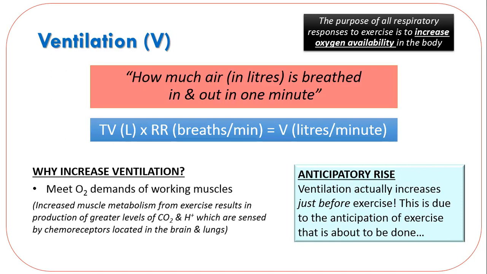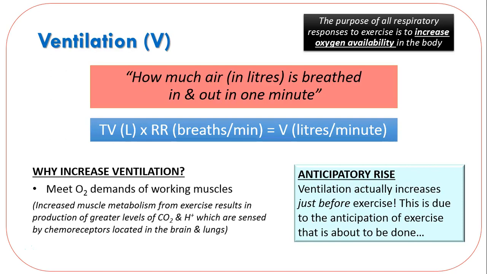Okay, so it's the volume of air that we can get into our bodies in 1 minute. We've got a formula here. So our ventilation is the product of our tidal volume multiplied by our respiratory rate. Okay, so if we're multiplying these two things together, that's looking at how much air we're getting in across an entire minute.